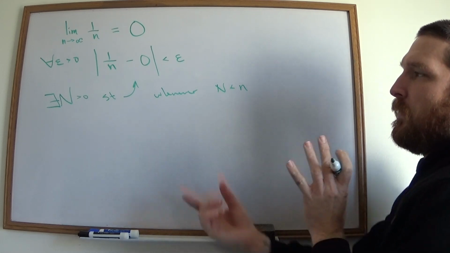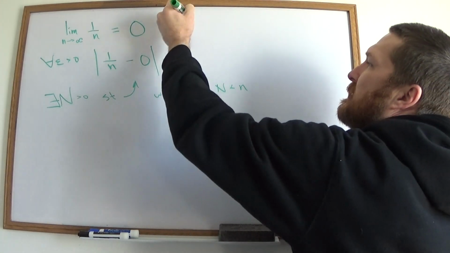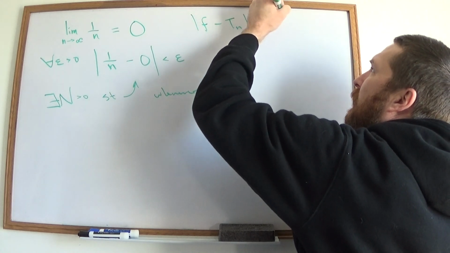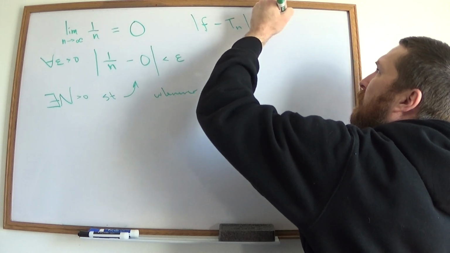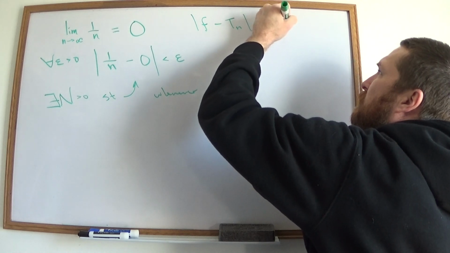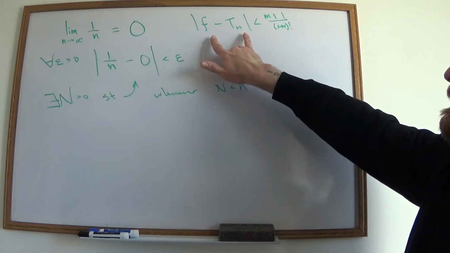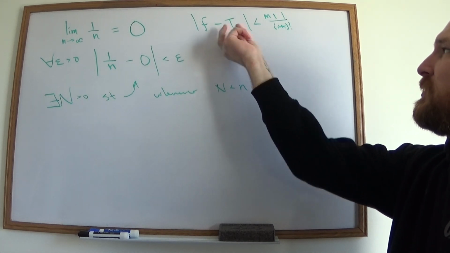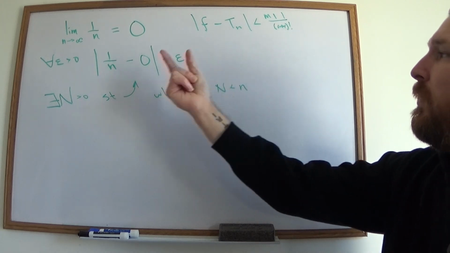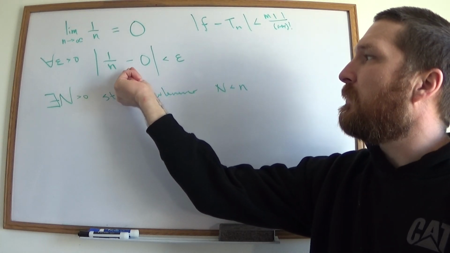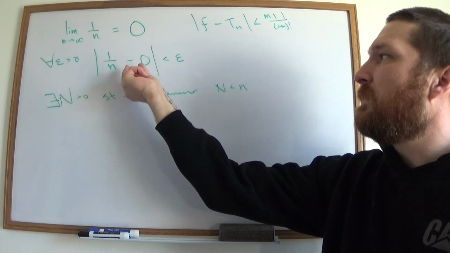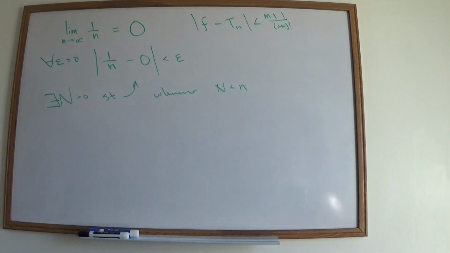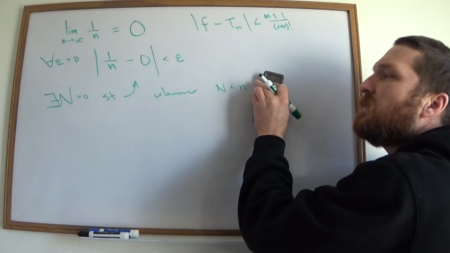So again, think about how this is similar to what we have here. We have an M, this is n plus 1 factorial, and so on. It says the tolerance, the error between these two functions, can be made arbitrarily small. Same kind of thing here. The error between this function and 0 can be made arbitrarily small. Now, let's just think about this.